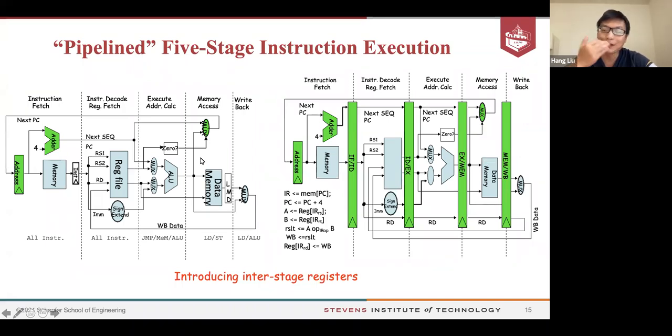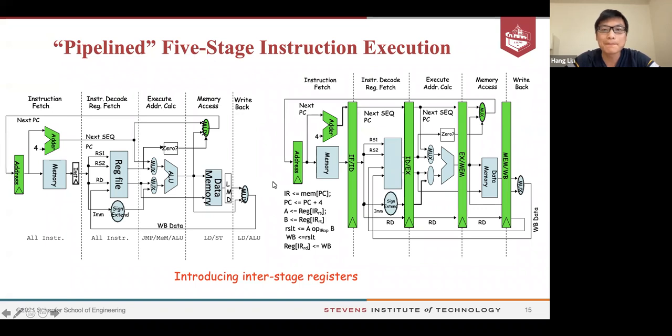So if we don't have pipeline, every time we only have one instruction occupying the entire 5 stages, okay? There's no need for us to use this kind of IF/ID, similarly ID/EX, etc. The reason is because when you are passing the value from the first component to the second one, the other components are idling, waiting to be used, because the entire 5 stages are exclusively owned by one instruction, right?